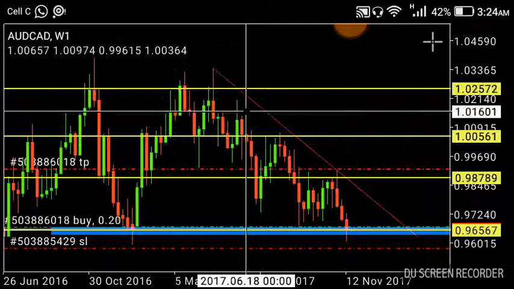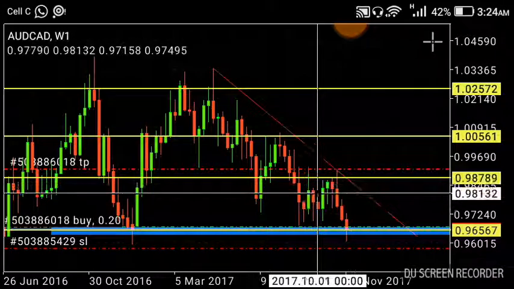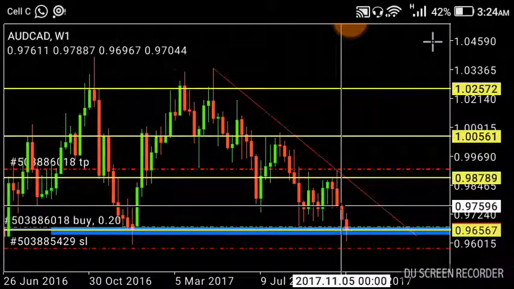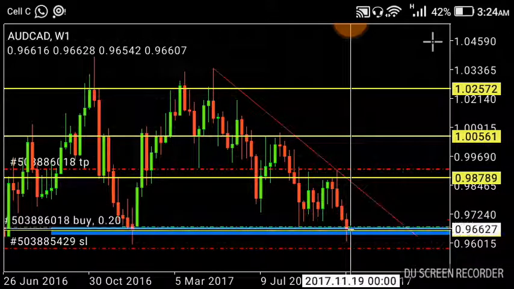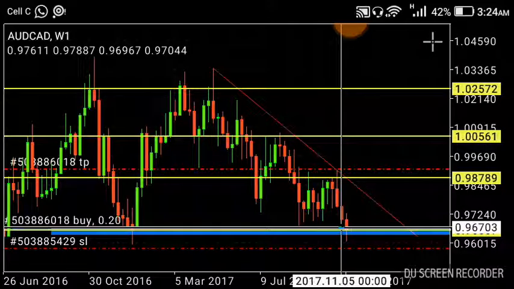So the market has been moving downwards, a downward trend from April. So it's been close to almost a whole year where the market has been moving in a downtrend.